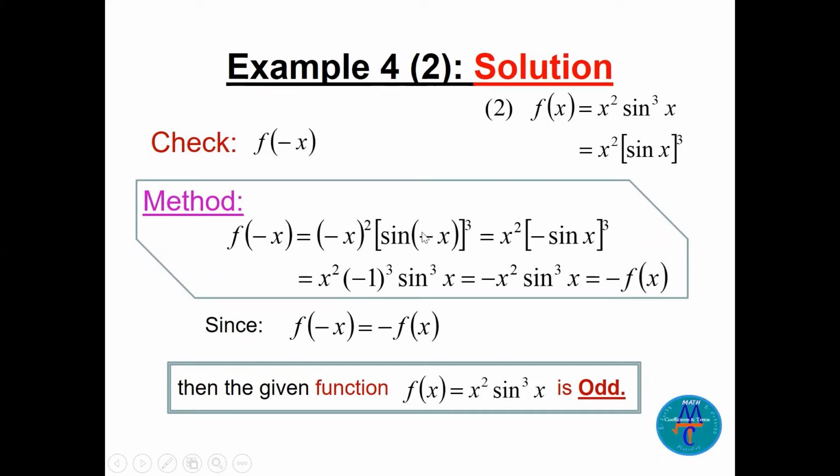Inside the bracket, we know sine is an odd function, so I put minus sine x. When you square the minus x, you get plus. Now cube the minus and cube the sine, so you get minus 1 cubed, sine cubed. So there is a minus outside here. Since f of minus x is equal to minus f of x, the function here is an odd function.